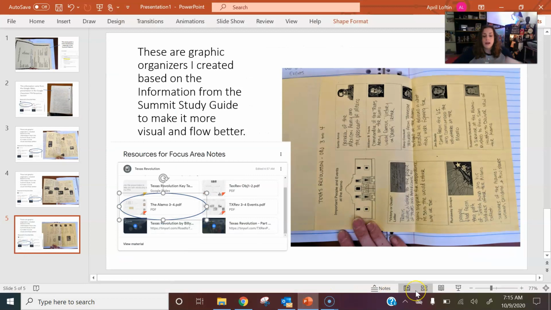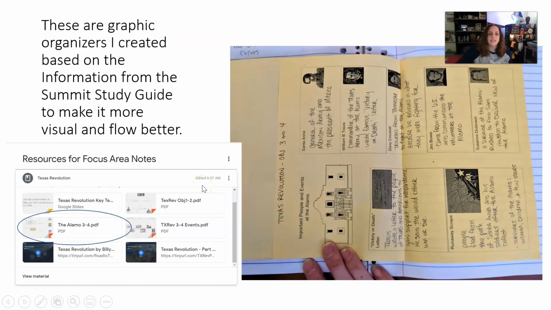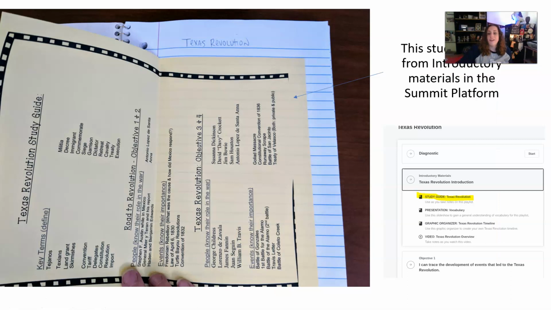This is my notebook. I have always kept a notebook because I don't really feel like it's fair necessarily to ask kids to do something that I'm not willing to do, or at least figure out what you guys are running into from a problem standpoint. So I downloaded the study guide right here from the introductory materials that's here, glue it in my notebook.